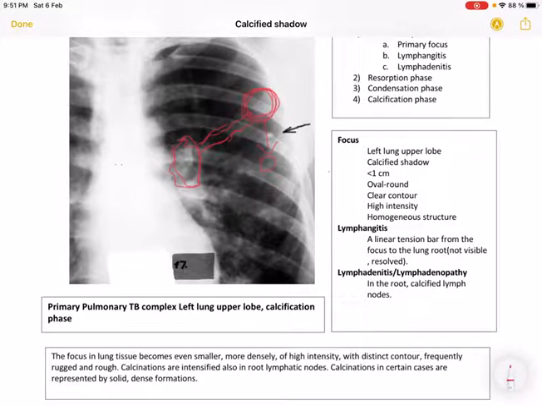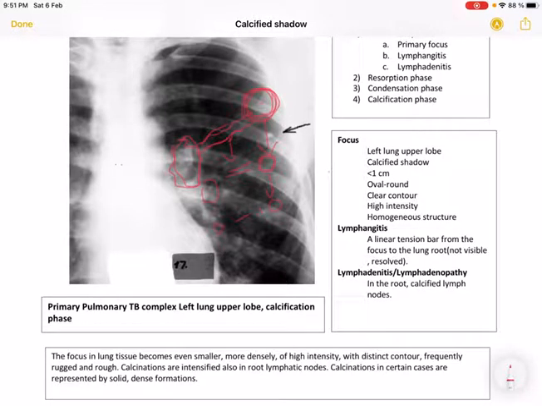It starts to resolve. In the resorption phase, we can see the foci become smaller. The lymph vessels start to heal, as do the hilar lymph nodes. In the condensation phase, there is a further decrease in size, the lymph vessels approximately disappear on the X-ray image because they were healing, and the lymph nodes also decrease.